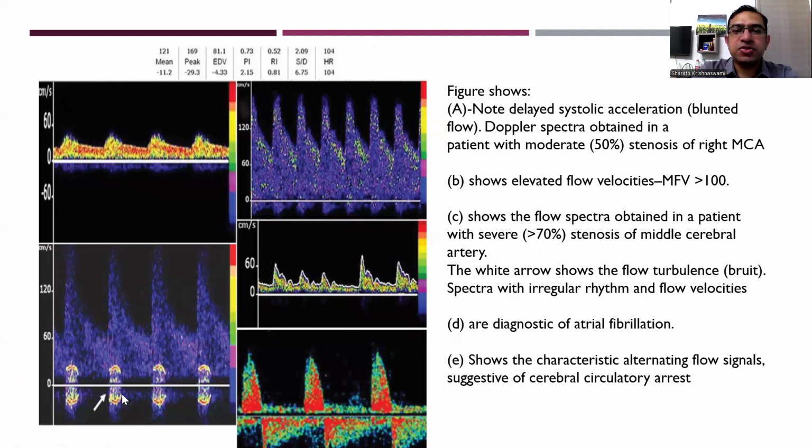Here, the white arrow shows the flow turbulence or bruit, and the patient has a spectra with irregular rhythm and flow velocities. This patient has a diagnosis of atrial fibrillation, where the patient has irregular rhythm and flow velocities. And E shows alternating flow signals, which is characteristic of cerebral circulatory arrest.